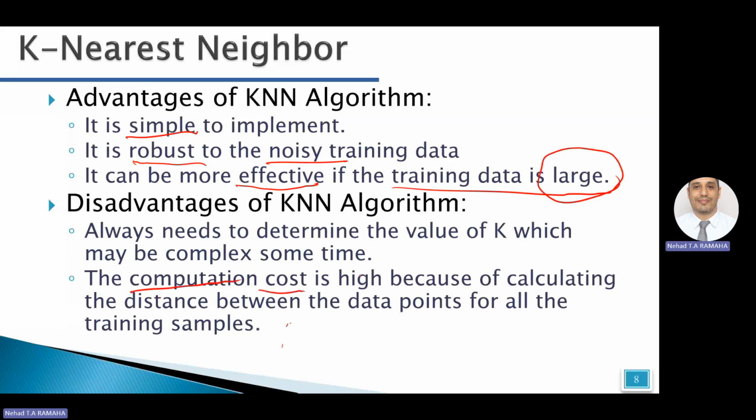You need to calculate the distance every time between the new data point and all the training samples. So it's effective, but not efficient, because it needs calculation time.